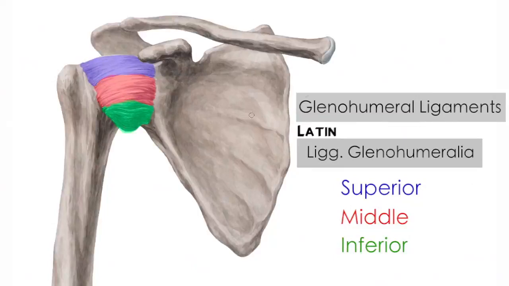As you can see here, this is the anterior view of the joint, and for that reason you know that this ligament is strengthening the front of the capsule. It extends from the margin of the glenoid cavity all the way to the lesser tuberosity.